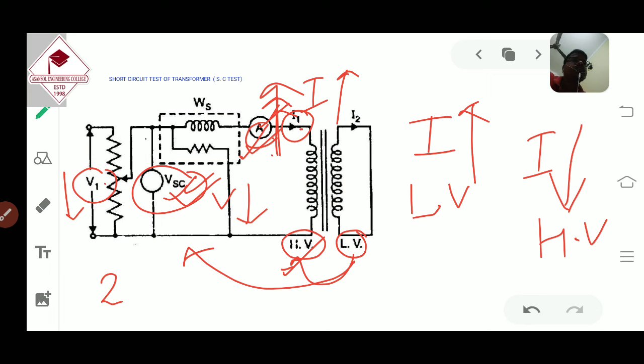So that is why we prefer the high voltage winding on the primary side, so that this voltage will be a little bit higher, which is convenient for measuring, and the current will automatically be lower for the high voltage winding, which is also convenient for measuring the current. So that is why the low voltage winding is short circuited, and to the high voltage winding we give the power supply. This is the reason.